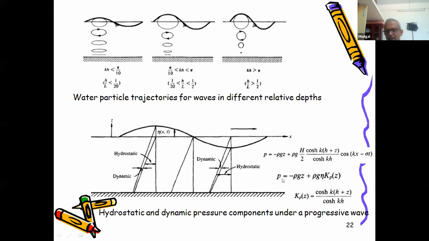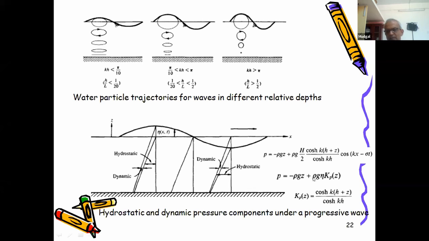Here you can split it into two components. P is equal to minus rho g z, which is the hydrostatic component, and please remember that this minus sign is associated with z because you are measuring z in the downward direction. So whatever value you substitute here, it should be negative, so this would become positive.